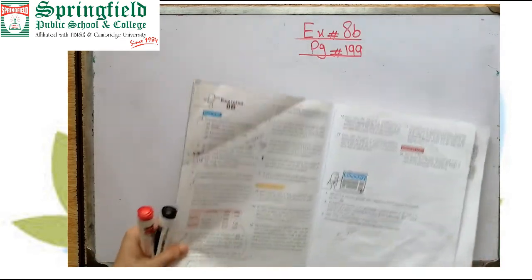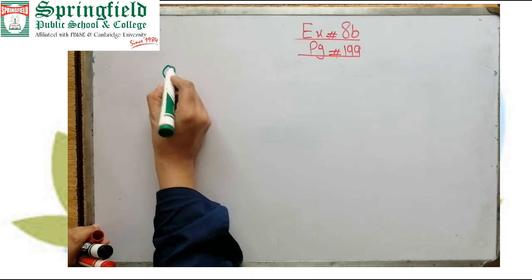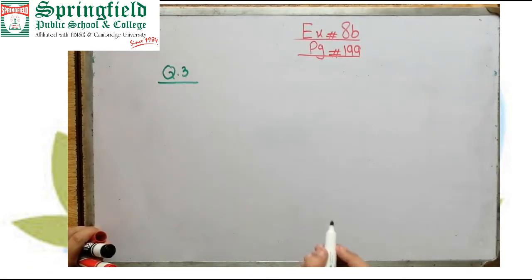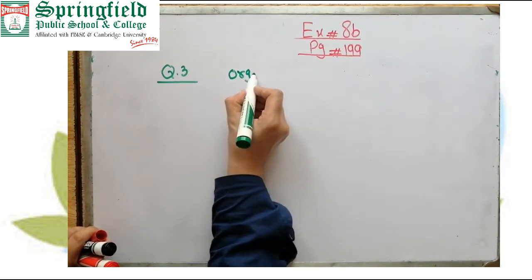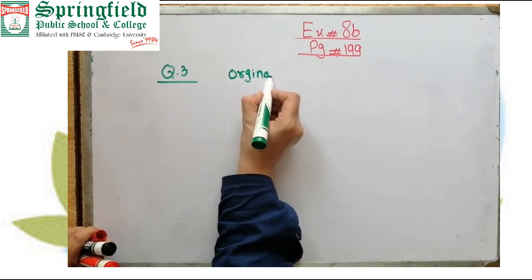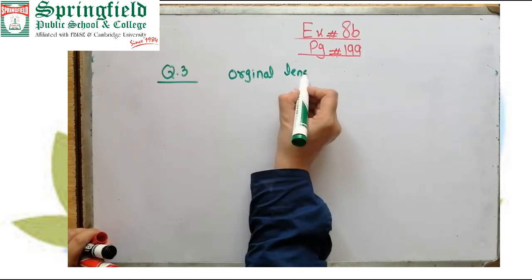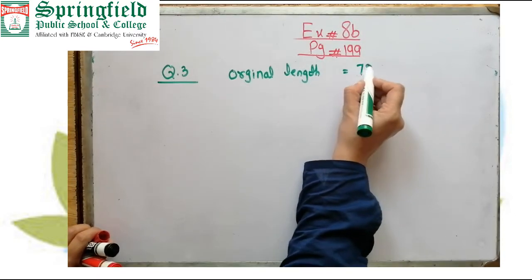So how can we do this question? Look at the board. First we will write, as we are doing question number 3. First, as we know, the original length is equal to 72.